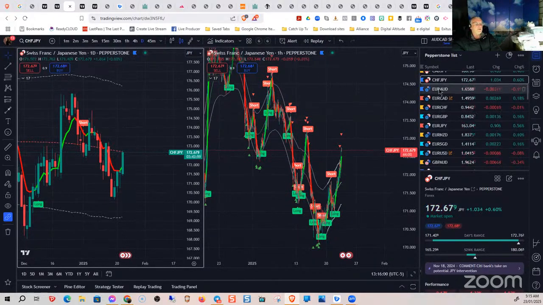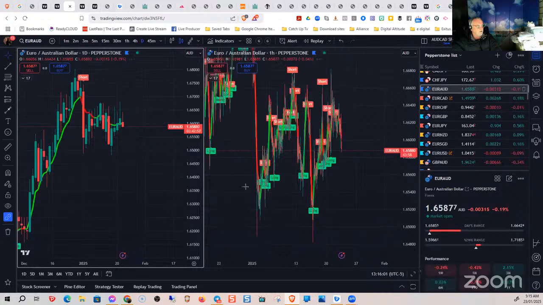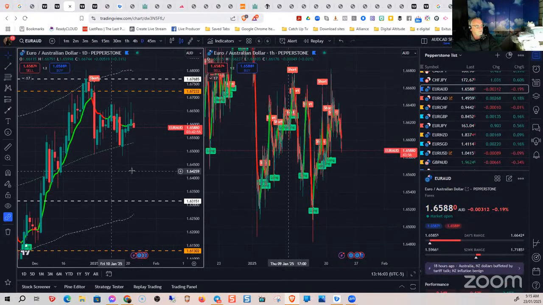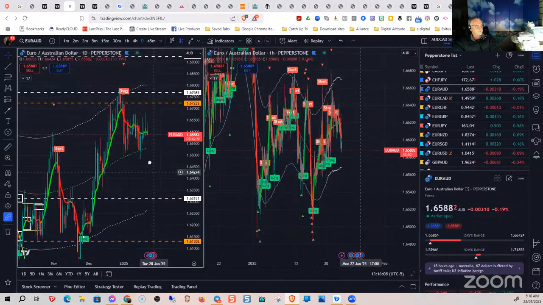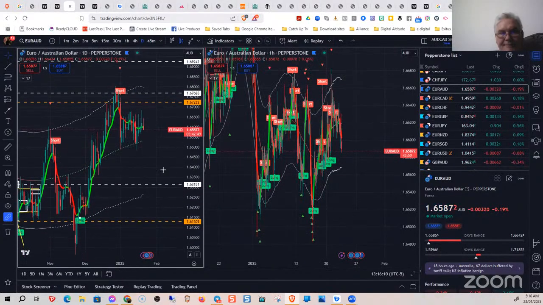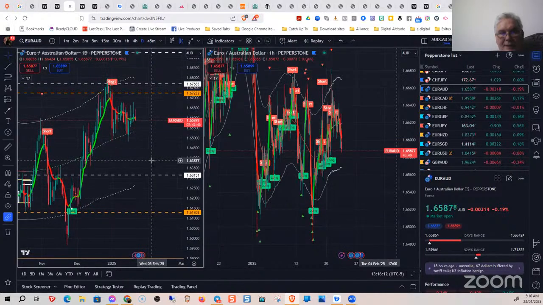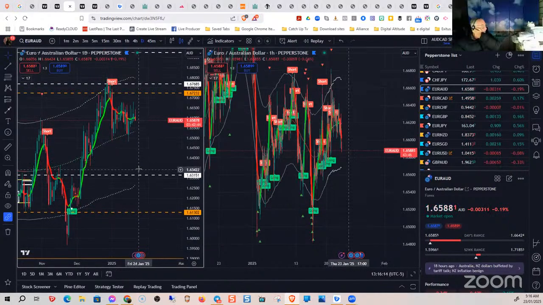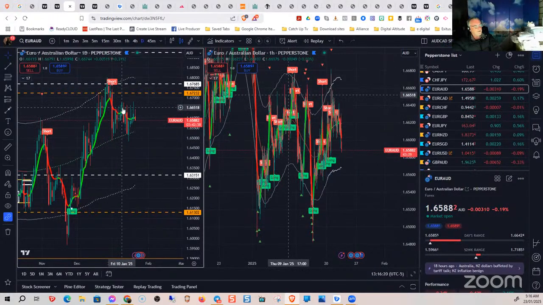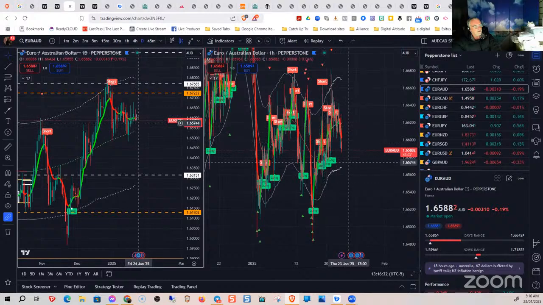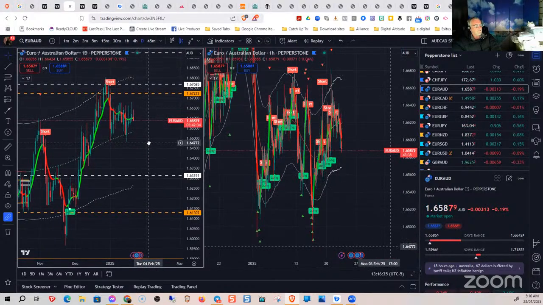All right, now the euros. Euro AUD. If you're in the sell on that, that's fair enough, but it's been doing a little bit of a pullback, sideways.